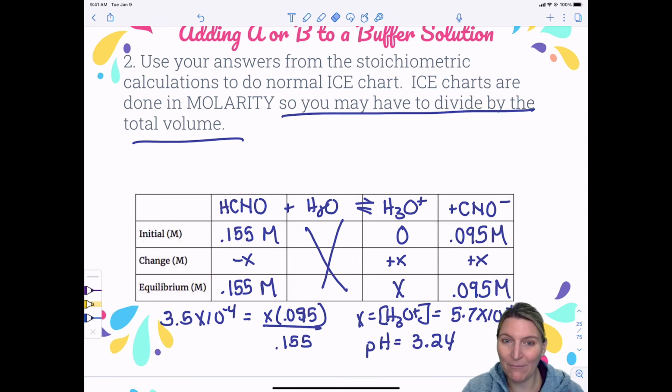But I take that same amount of acid and add it to this buffer solution. Yes, the pH does drop, but it drops less than a tenth, about 0.11 of a pH unit. So buffers really do work.